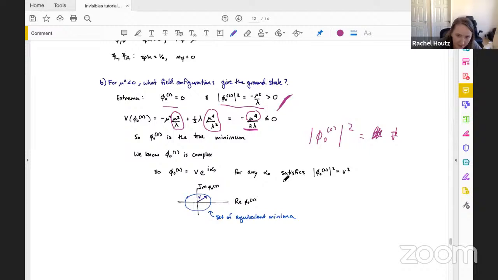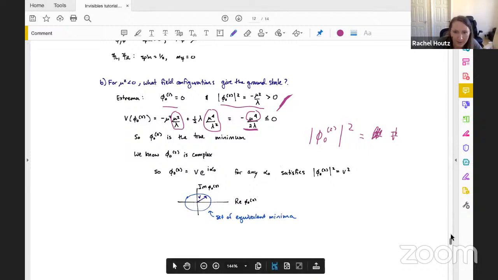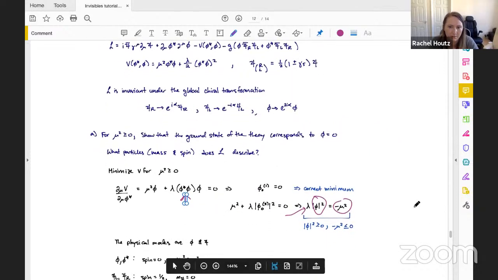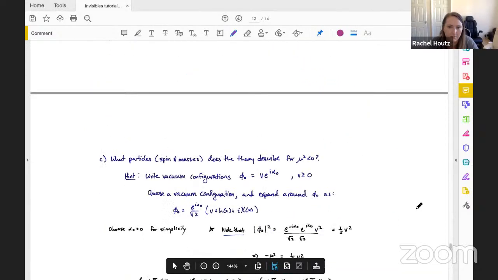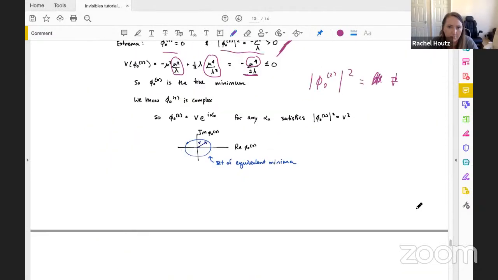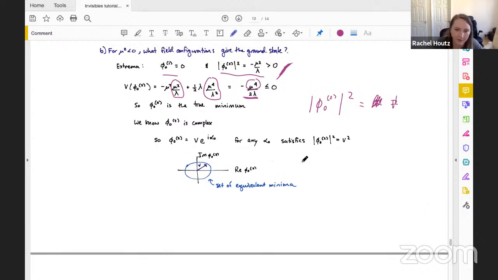So we can write any complex number in polar coordinates. In polar coordinates, we can write phi as v times e to the i alpha naught, where alpha naught is real and v is real. Then any alpha naught will satisfy this condition that the modulus equals some real number, which I'm going to call v squared.